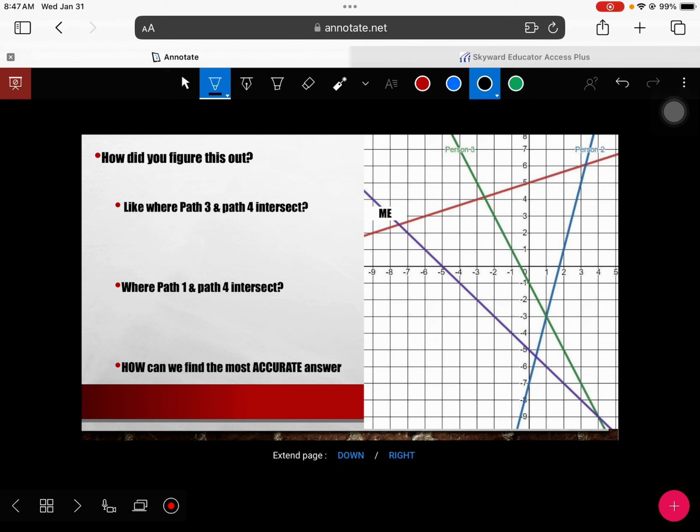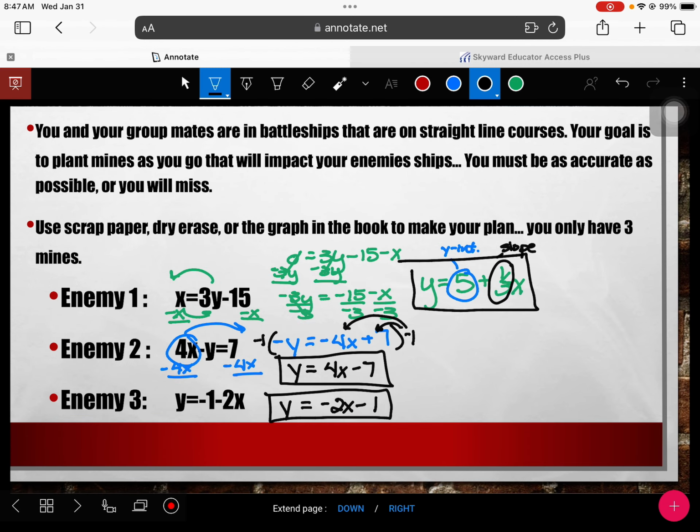How did you figure this out? How do you get negative 1 for the equation? Because it was a negative 1 here. No, for only number 2, because it was a negative y value and I don't want negative y.